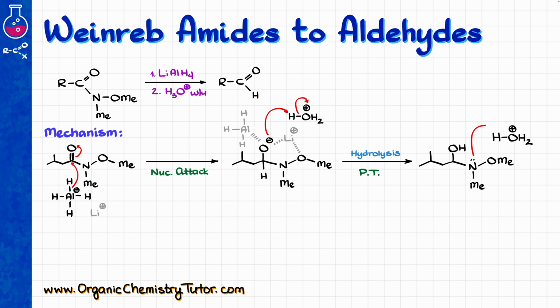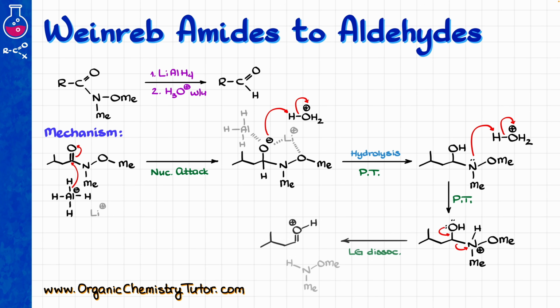This acid is going to protonate my nitrogen over here, giving me the following intermediate. Now this nitrogen is a very good leaving group, so like in the previous example, we are going to kick that leaving group out like so, giving us our protonated aldehyde as the next intermediate.